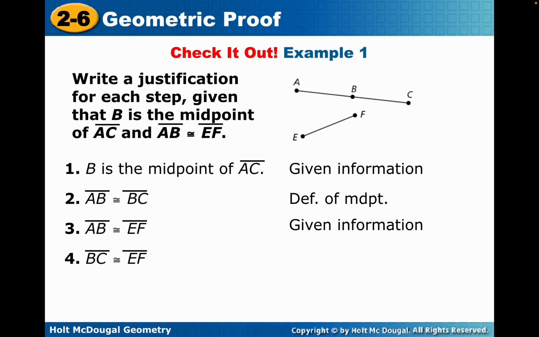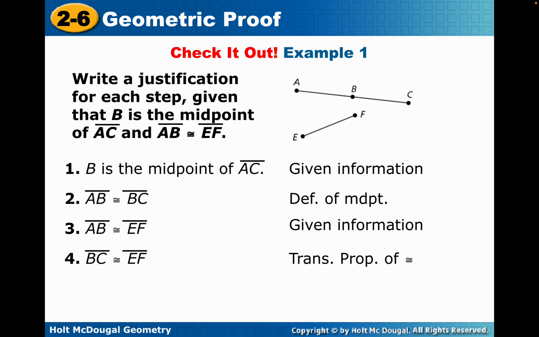The last step says BC is congruent to EF. Who thinks they know what our reason is going to be for this? Not symmetric. So what's our reason?